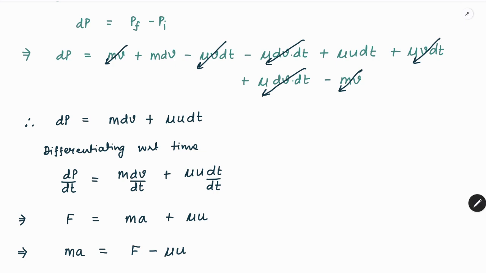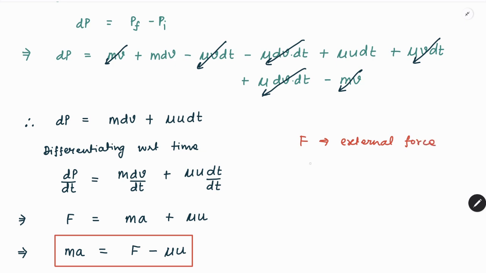So this was the expression which we were supposed to derive in the problem, and the terms which we have deduced here are as follows: capital F stands for external force, and mu u stands for the thrust force.